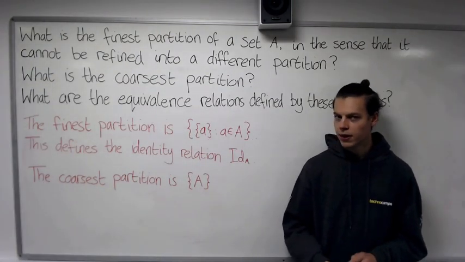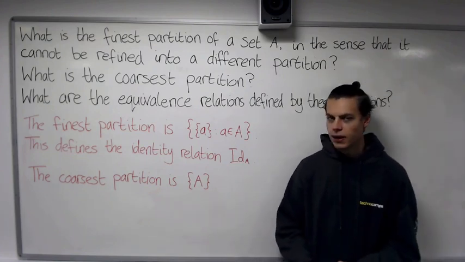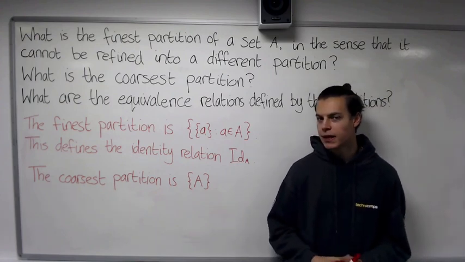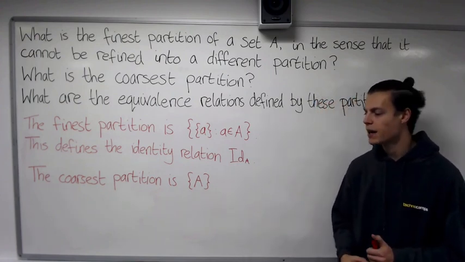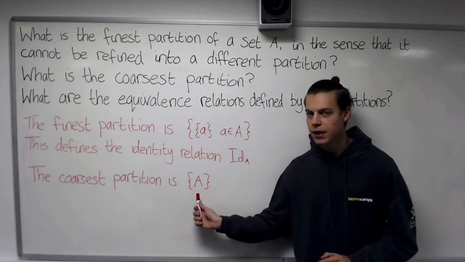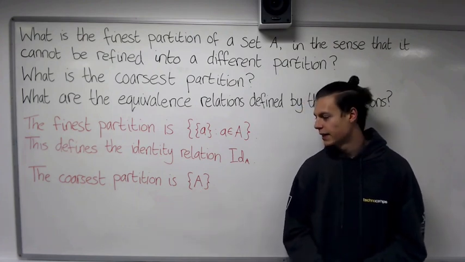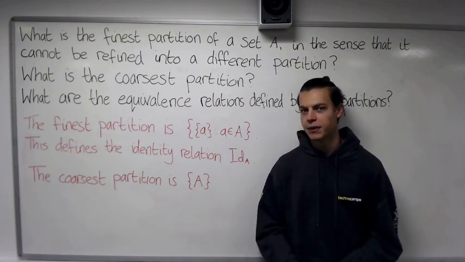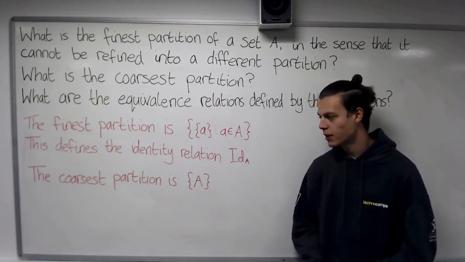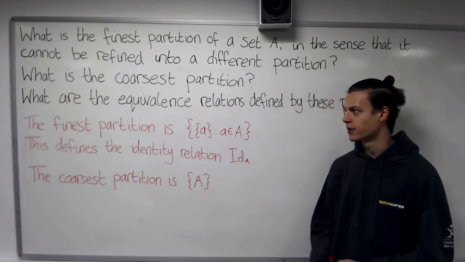Now what is the equivalence relation defined by this partition? Again, remember that two elements will be related by this relation if they are in the same equivalence class, and in this case there is just one equivalence class containing every element of A. The equivalence class is A. So any pair of elements in A will be related by this equivalence.